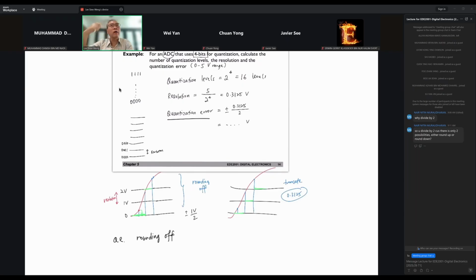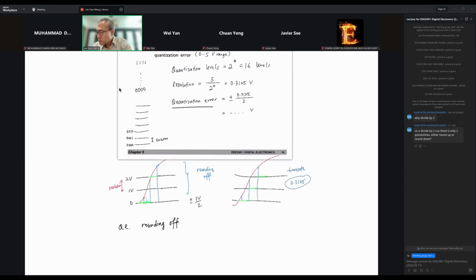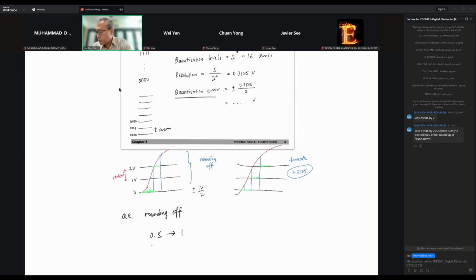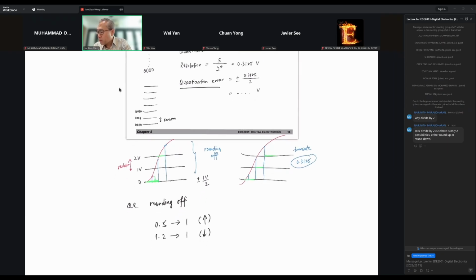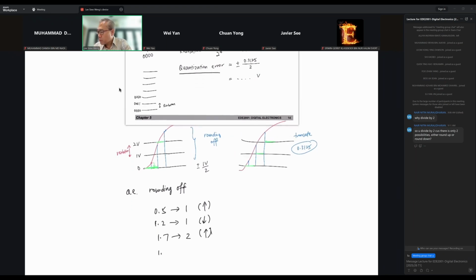So the calculation method for quantization error is based on rounding off. You can round up or you can round down. Example, if I have 0.5, I round up to 1. If I have 1.2, I round down to 1. If I have 1.7, I round up to 2. If I have 1.3, I round down to 1.